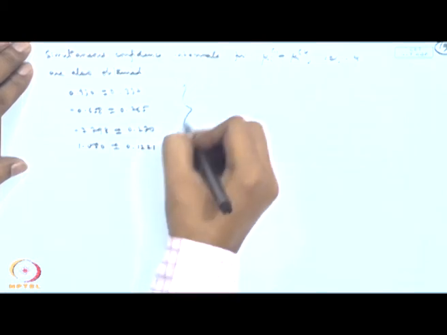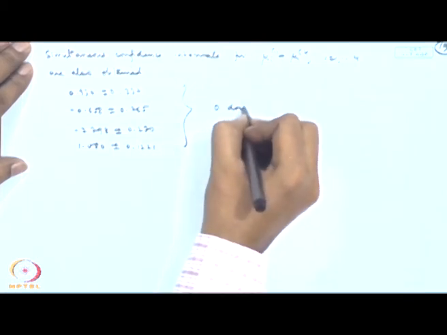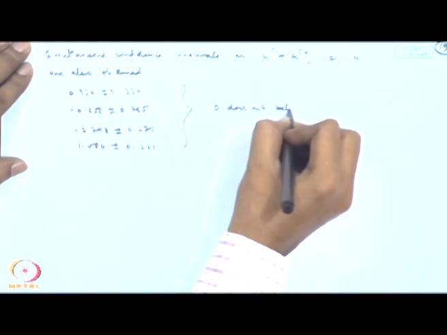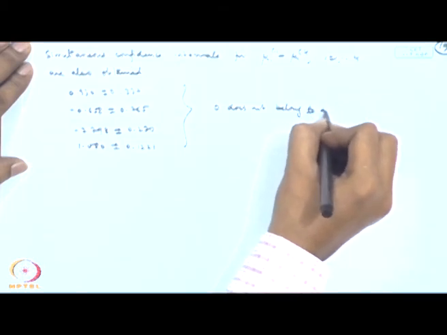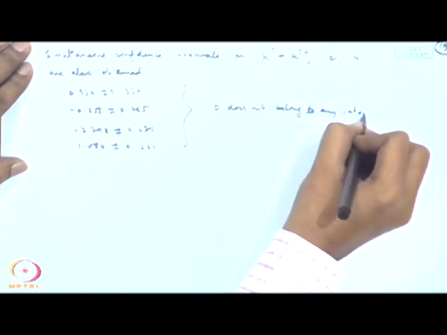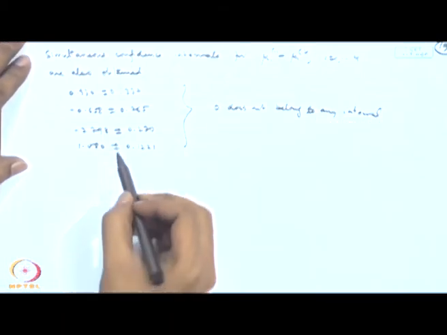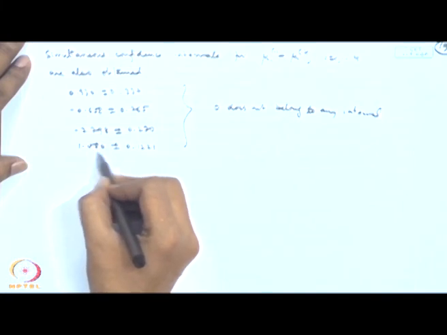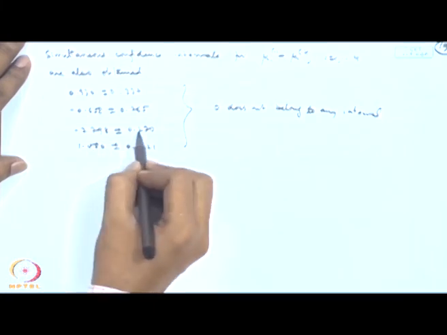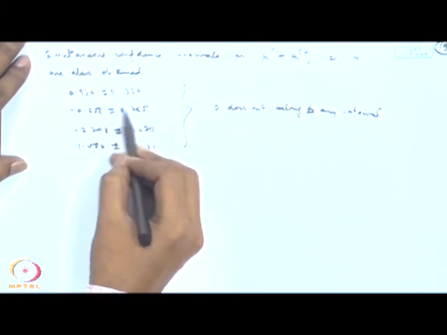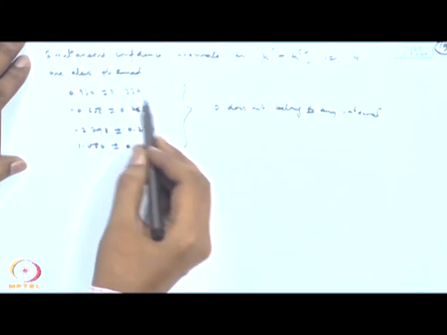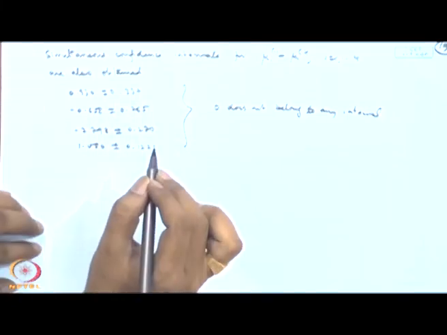You can see that 0 does not belong to any interval. In fact, this is quite different from 0, this is quite different from 0, this may be a little bit closer to 0. So, naturally you can say that the means of the 2 populations are quite different.